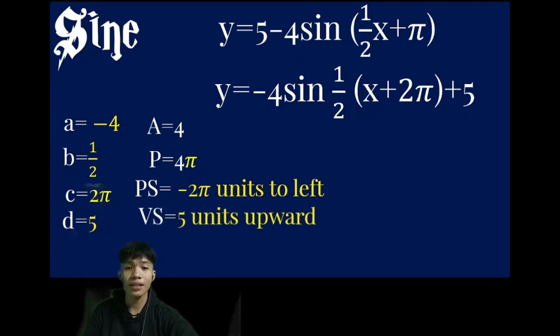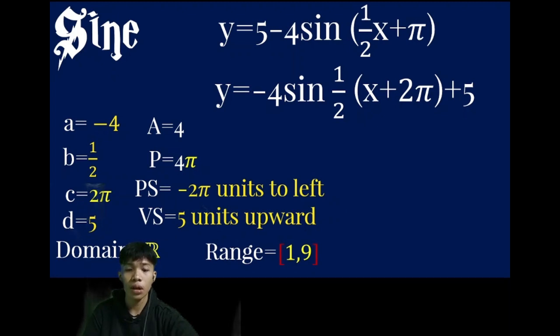For the vertical shift, we have 5 units upward. For the domain, it's going to be all real numbers. Why? Because in every sine and cosine function, the domain is always going to be all real numbers. And the range for this equation is going to be 1 and 9 in closed brackets.